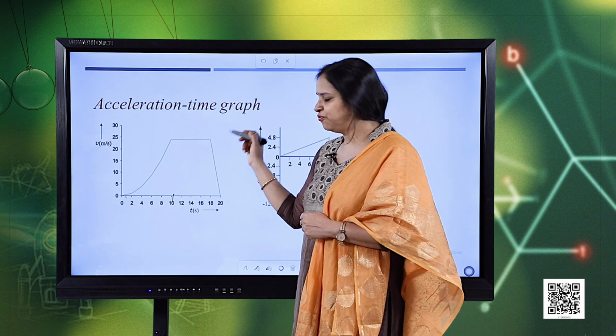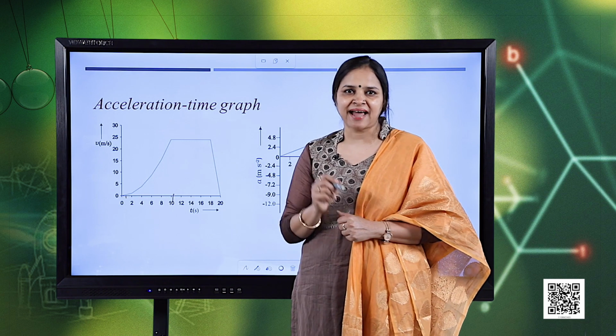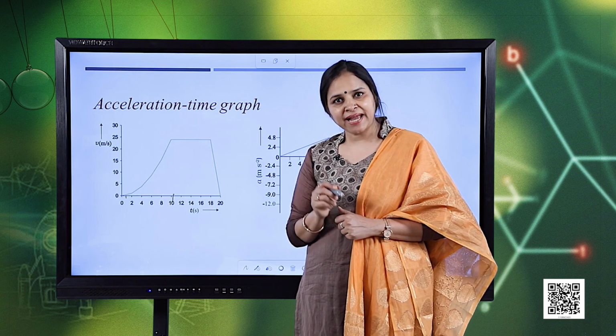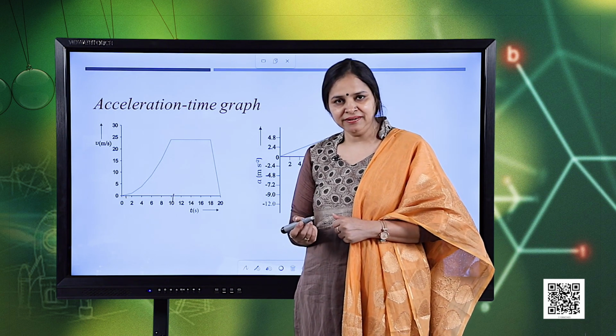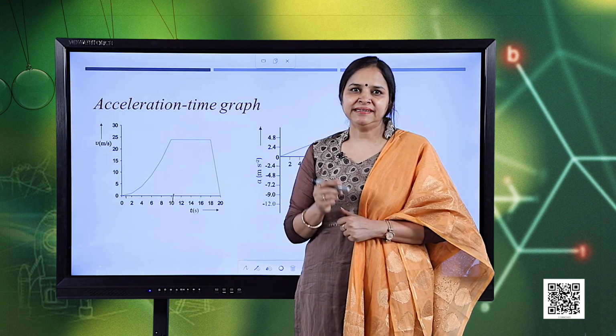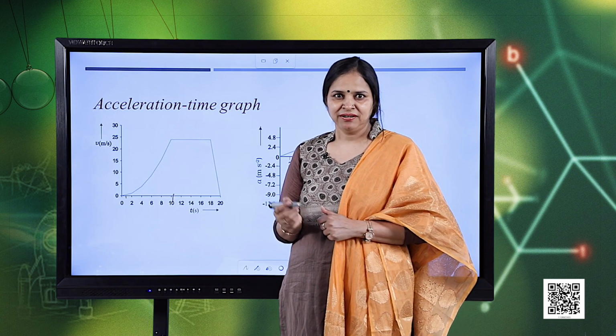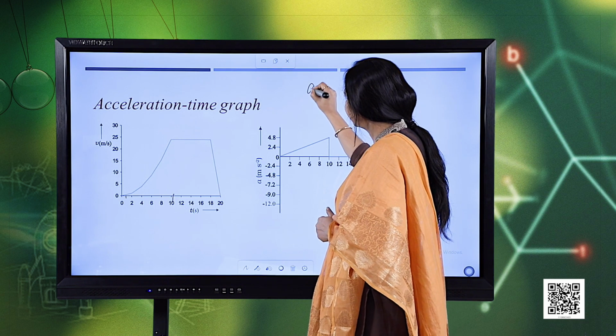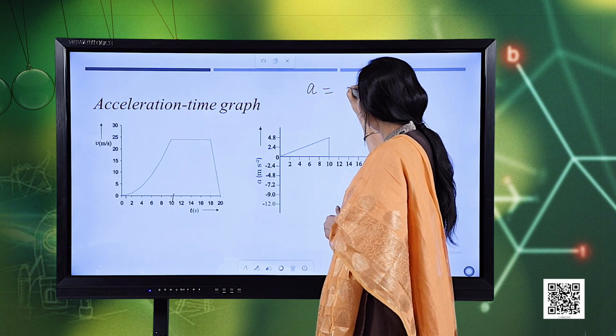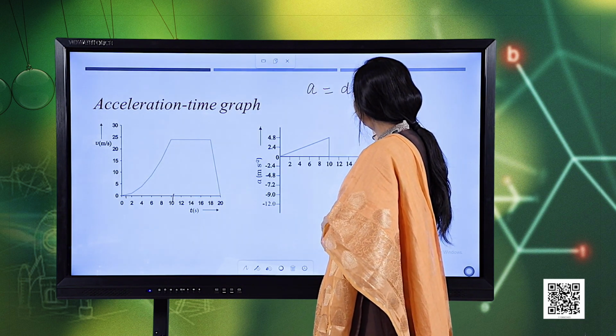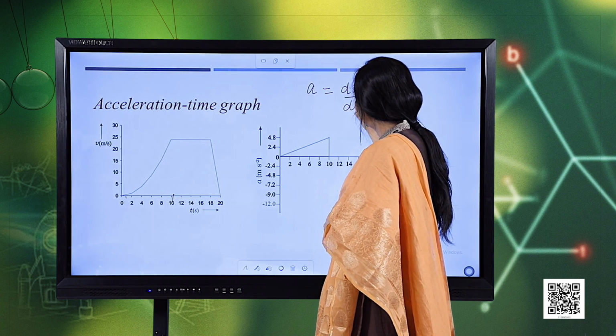So, how do we find out the instantaneous acceleration? It can be calculated in the same manner as we found instantaneous velocity. Instantaneous acceleration is represented as dv by dt.